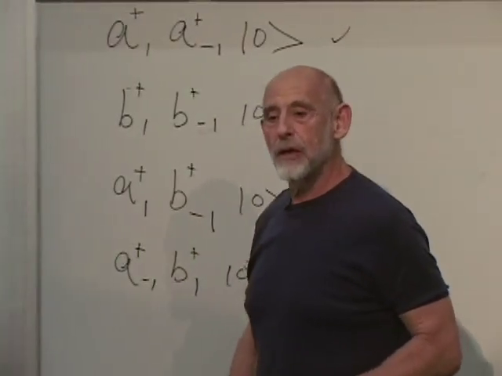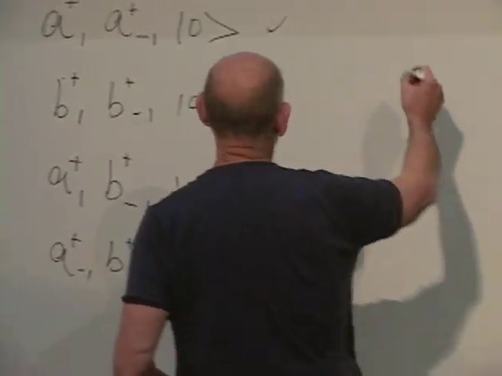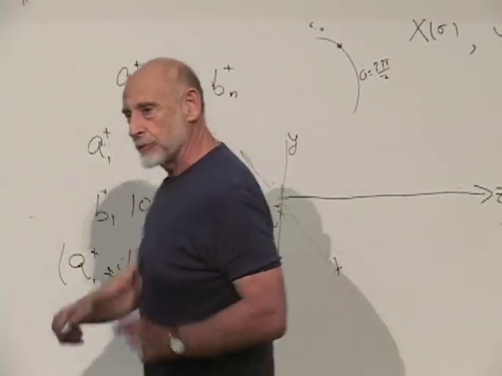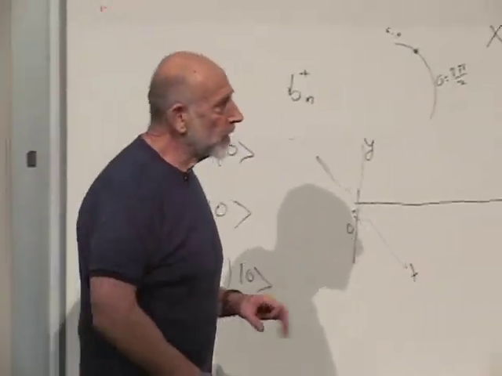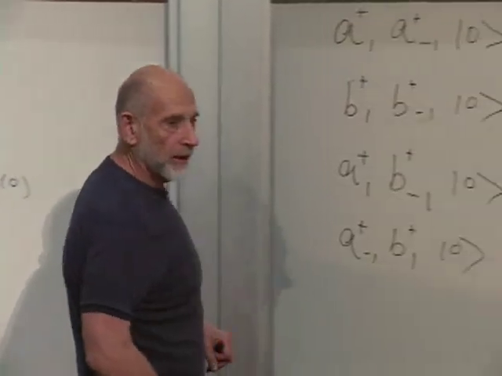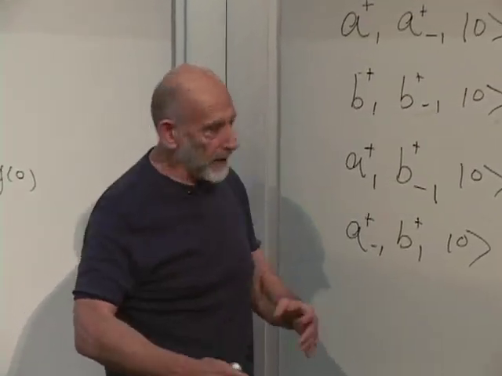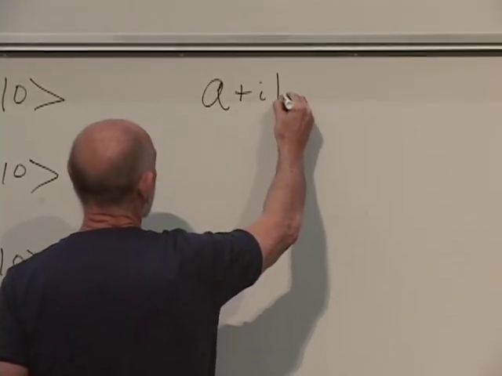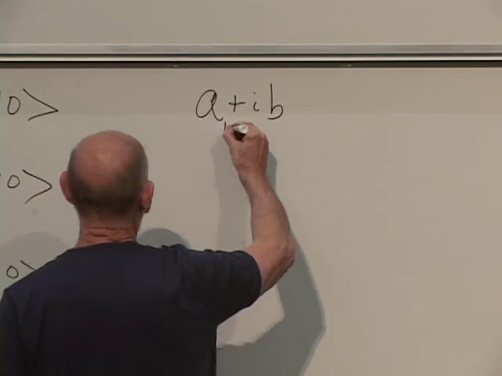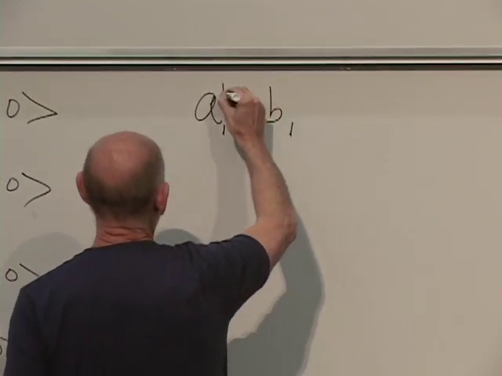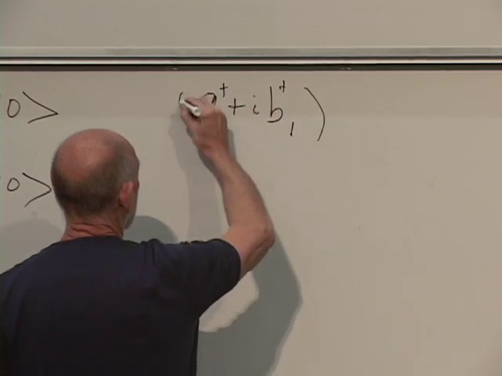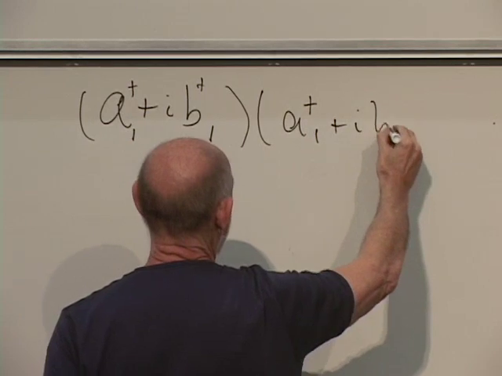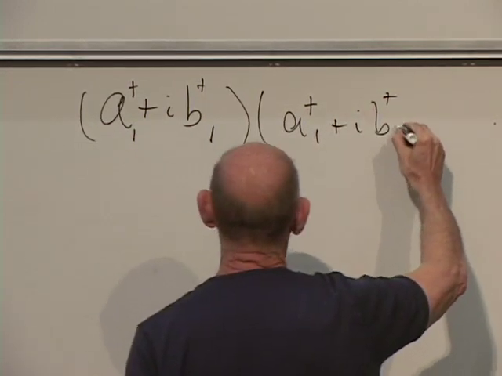Now I'm going to rewrite them a little bit differently, in terms of A plus iB. A plus iB were the operators which make circular polarization. We could write exactly the same states in a different basis, in the form A1 plus iB1 times A1 plus iB1.